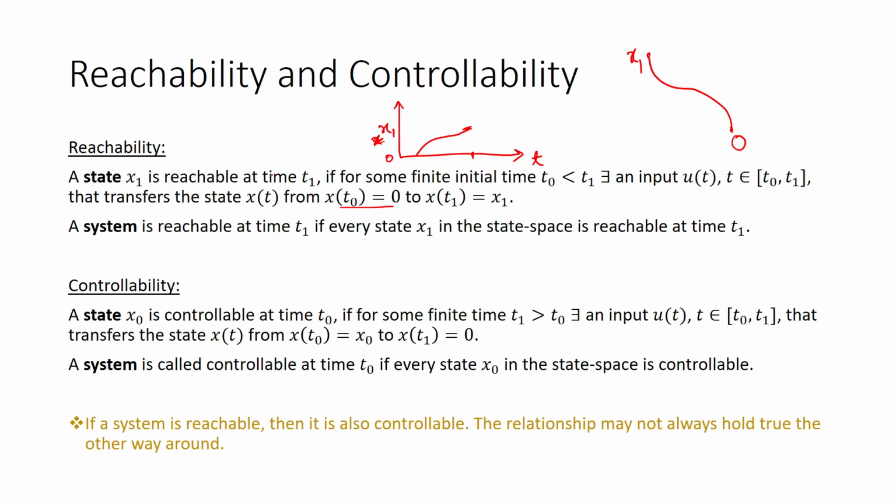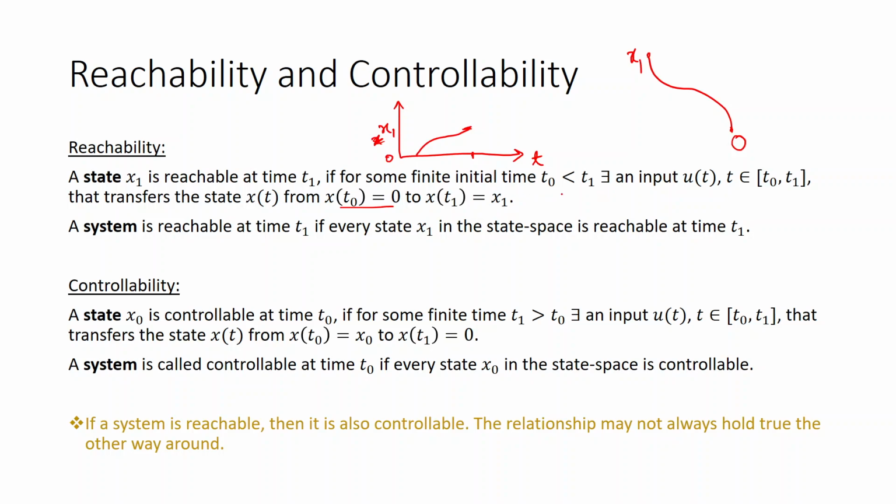So that is defined formally like this: a state x1 is reachable at a time t1. So the time is also mentioned here. If for some finite initial time t0, which is of course less than t1, there exists. This symbol is 'there exists', like when you speak, you say 'there exists'.